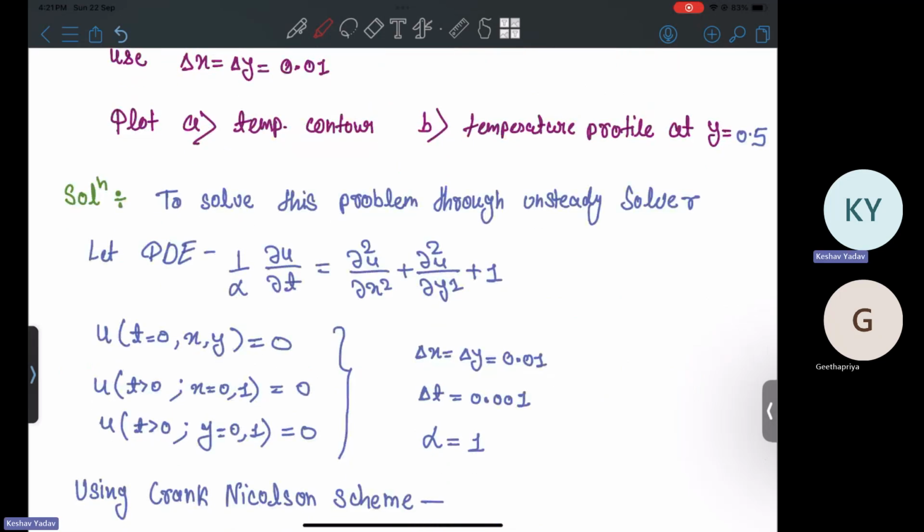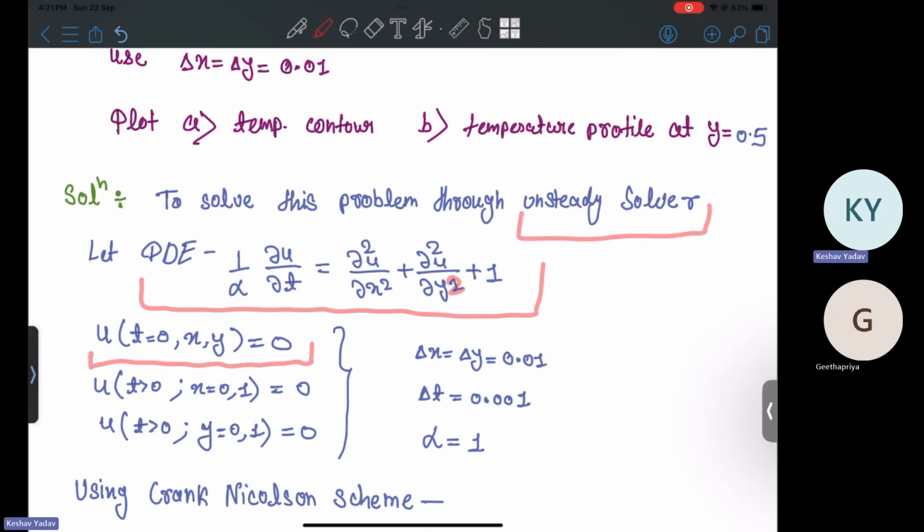To solve this problem, we need to use the unsteady solver. So we consider this partial differential equation with this initial condition, u initially at 0, and this boundary condition. For t greater than 0, u at x equal to 0 and 1 is 0, and for t greater than 0, u at y equal to 0 and 1 is 0.